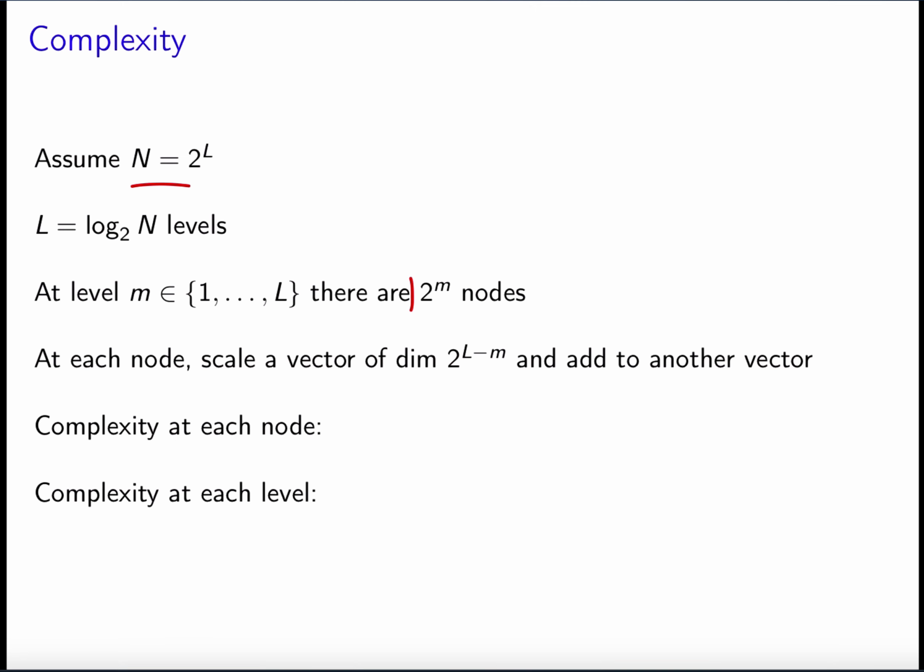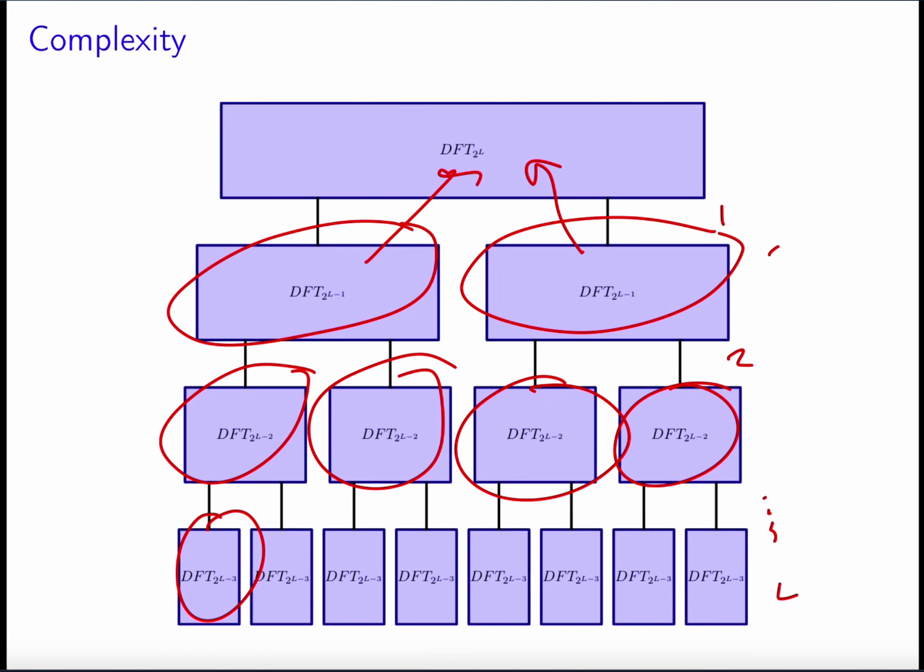So basically there are 2 to the m nodes as we go down. Now we have to see how much work we are doing at each node. At each node, we're scaling a vector of dimension 2 to the L minus m. So up here we have vectors of length n-half, which is equal to 2 to the L minus 1.